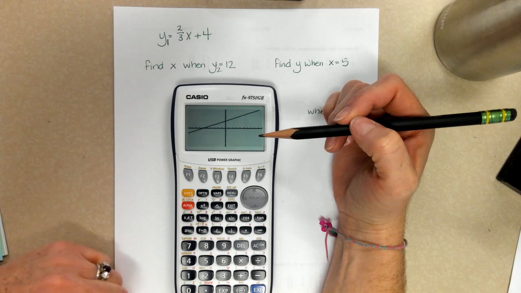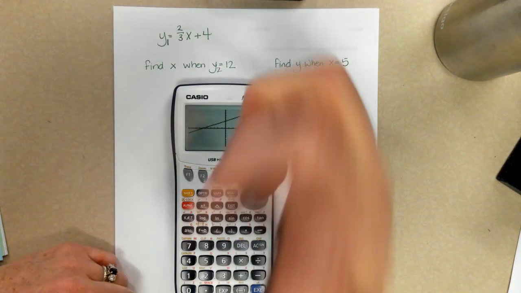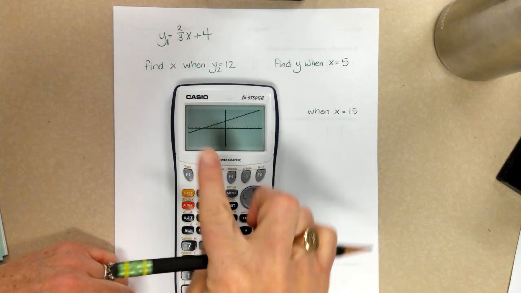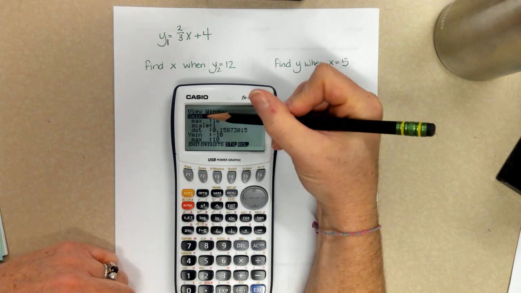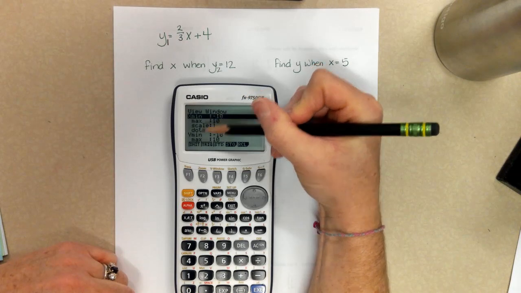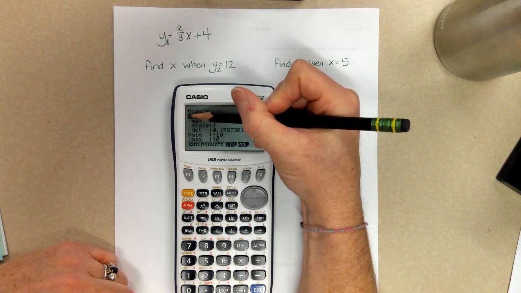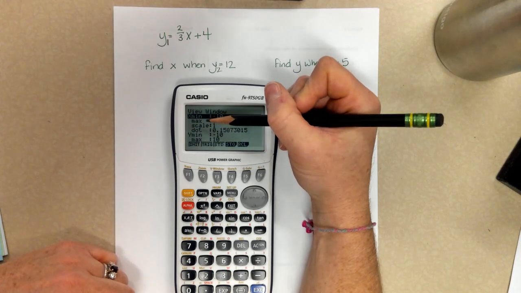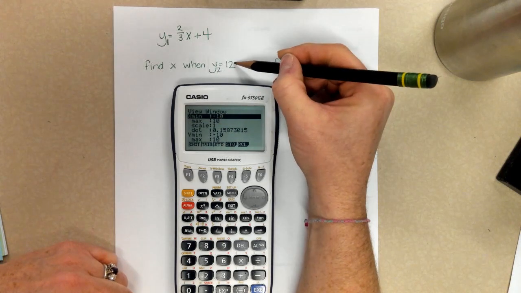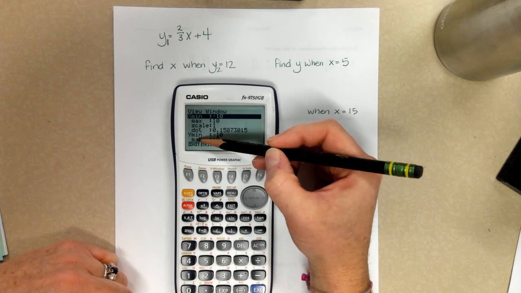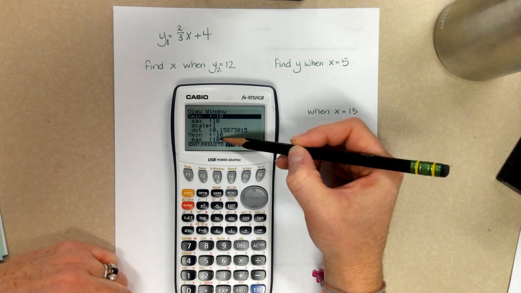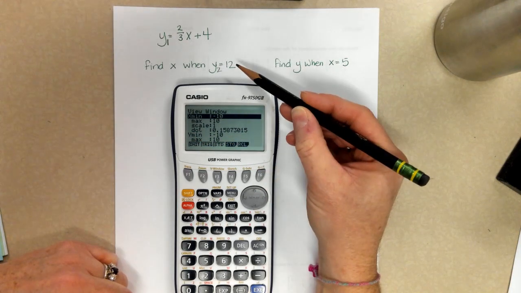So what do you need to do if you need to change your window? If you're staring at the graph screen, you press F3. You look at your max and min. This is for the x-axis. The x-axis is not my problem. I want to see y equals 12. The problem is on my y-axis, the biggest number I see is 10. 12 is bigger.